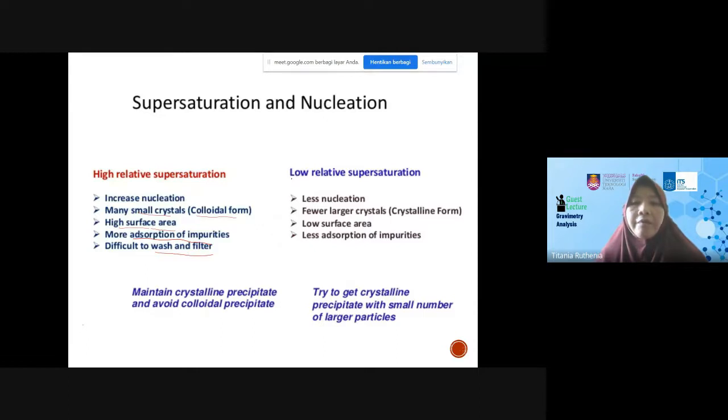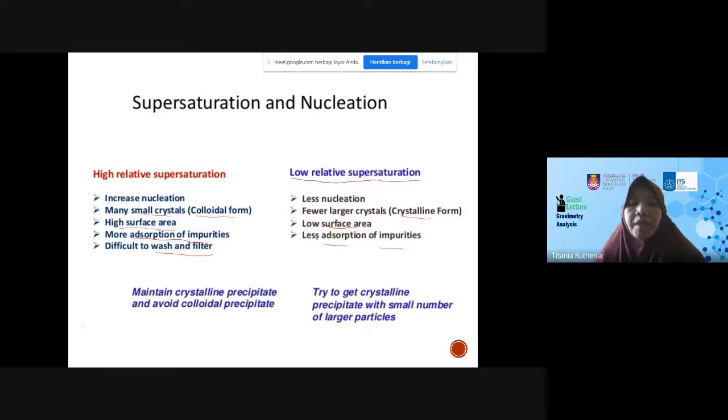And if we control so that it will have low relative supersaturation, or low RS, then we will have less nucleation. We will have only fewer, larger crystals in the form of crystalline. As a consequence, because it has a larger crystal size, the surface area will be low. And if the surface area is low, then there is only a small amount of absorption of impurities.